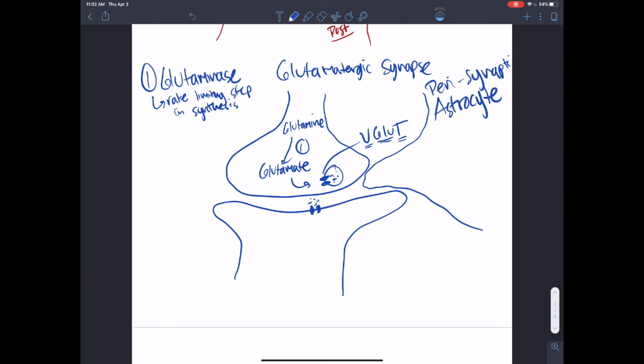And on that perisynaptic astrocyte, you're going to have something called EAAT. This is going to be an excitatory, so I'll just call this number 2. This is going to be your excitatory amino acid transporter.